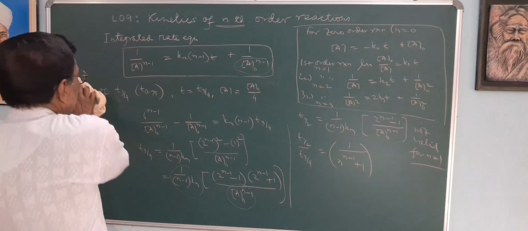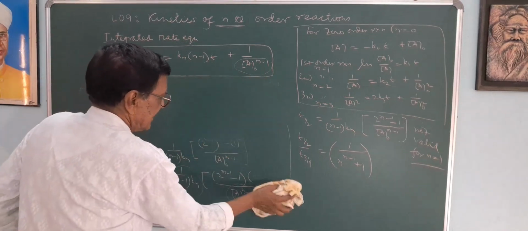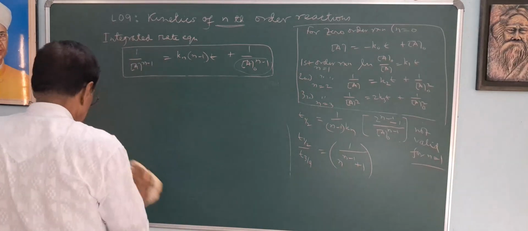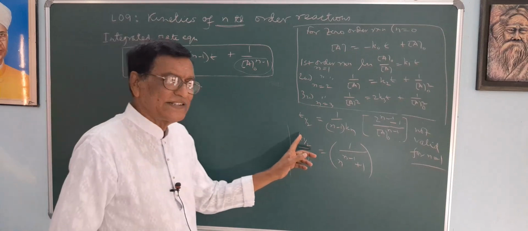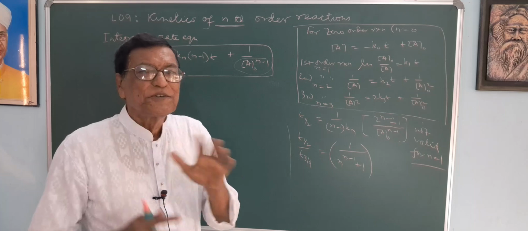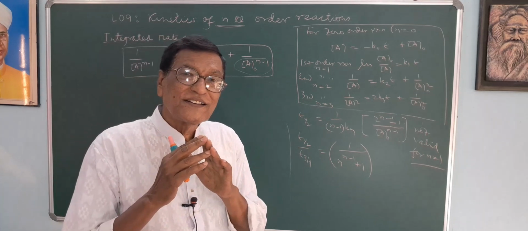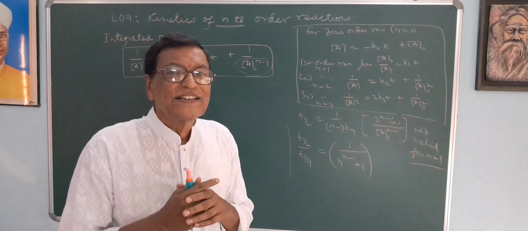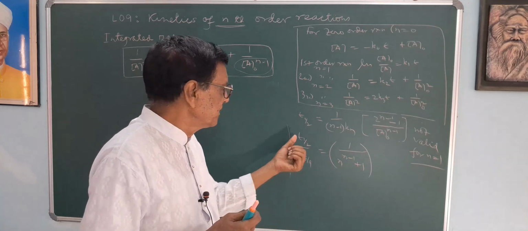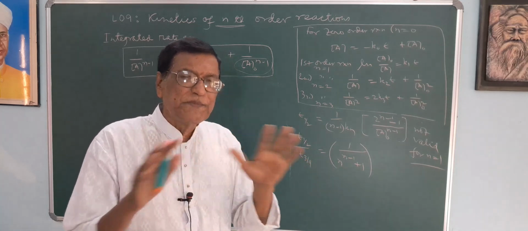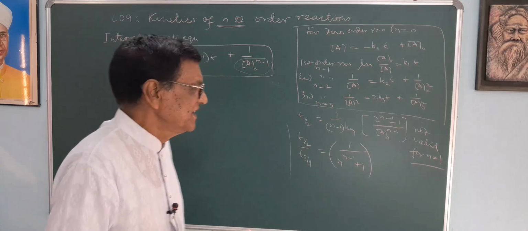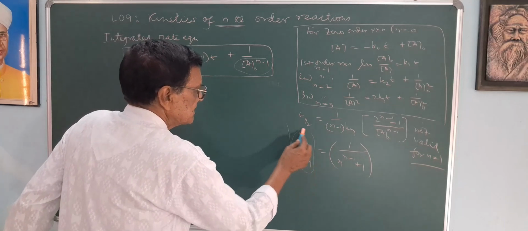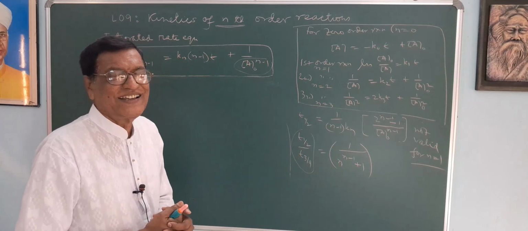One beauty of this relation is that you can find out the order of this reaction if you can determine T half and T3/4 experimentally, and this ratio is a function of n only.